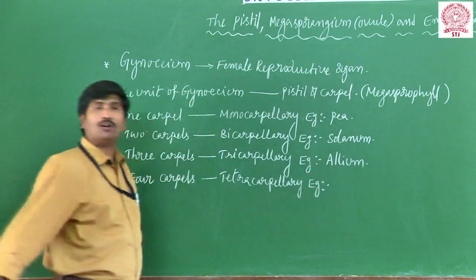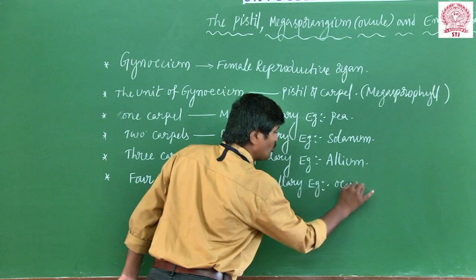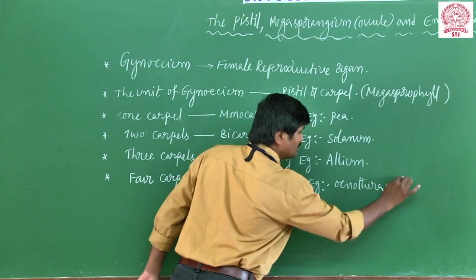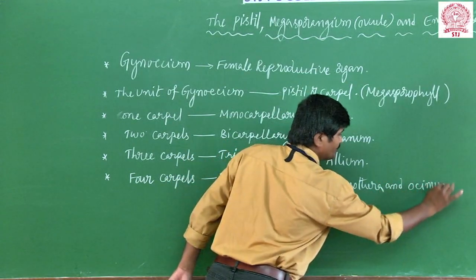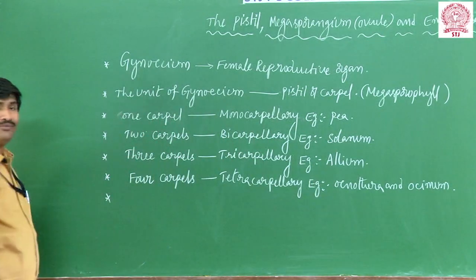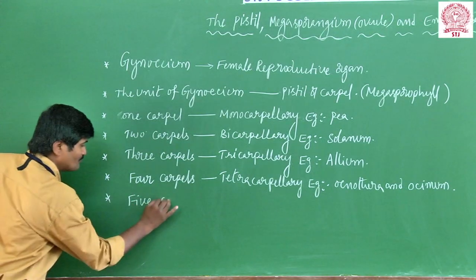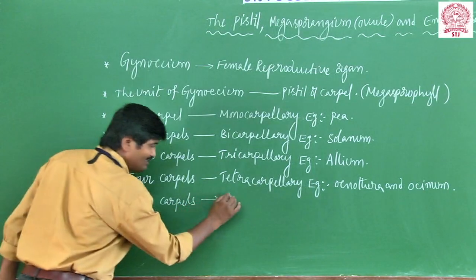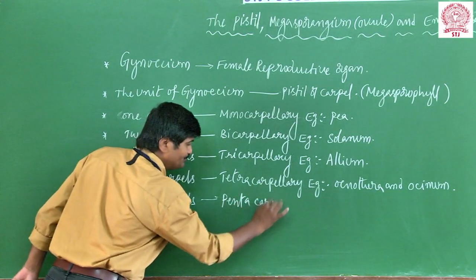Example for tetracarpellary, Oenothera and Ocimum. It may consist of five carpels, that is pentacarpellary.